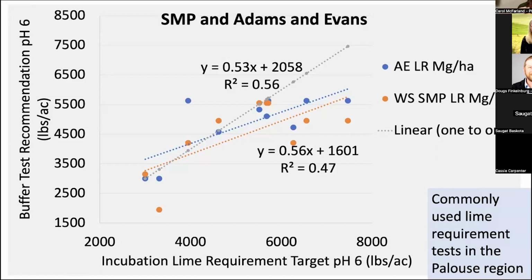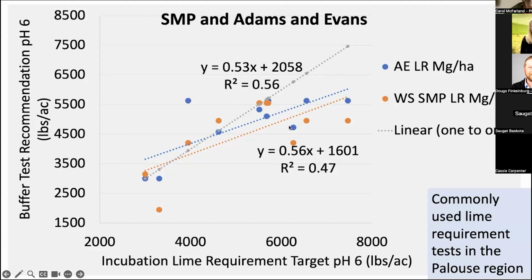And again, if you recall what we were talking about previously when we talked about correlations and the kind of numbers that we look for, the closer to 1 means the closer the correlations. And you can see that neither of these values are very close to 1 at all, with the SMP actually being much worse for Palouse soils.